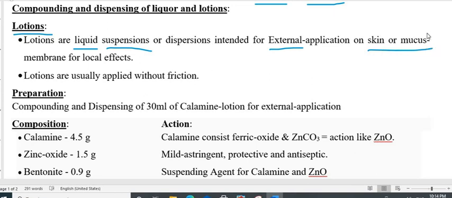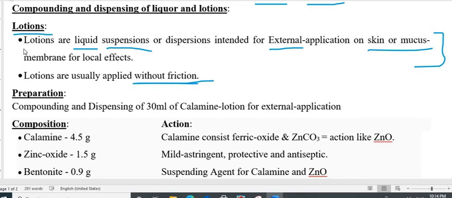And you are going to combine these and define the lotion. So lotions are pharmacy preparations which are to be applied on the skin or mucous membrane without friction.